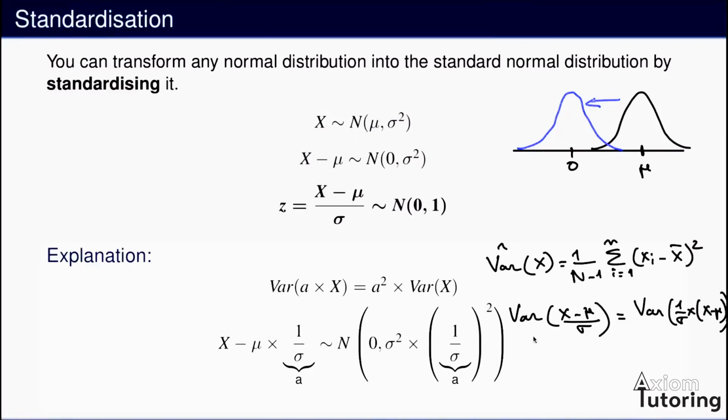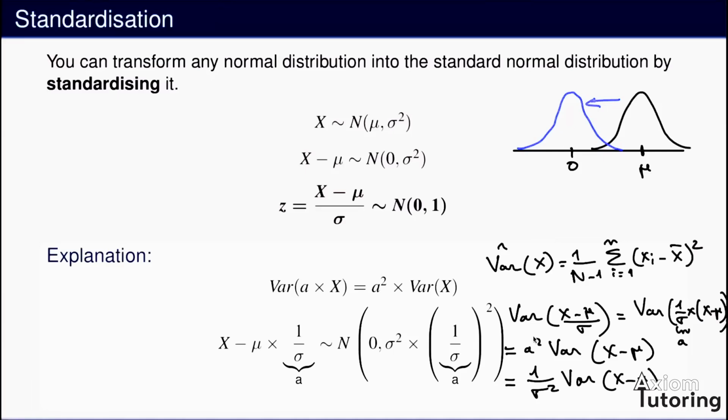And if we consider that 1 over sigma is a, then we can clearly see that this implies, using the rule that I just mentioned earlier, that it's equal to a squared times the variance of x minus mu, which is equal to 1 over sigma squared times the variance of x minus mu.